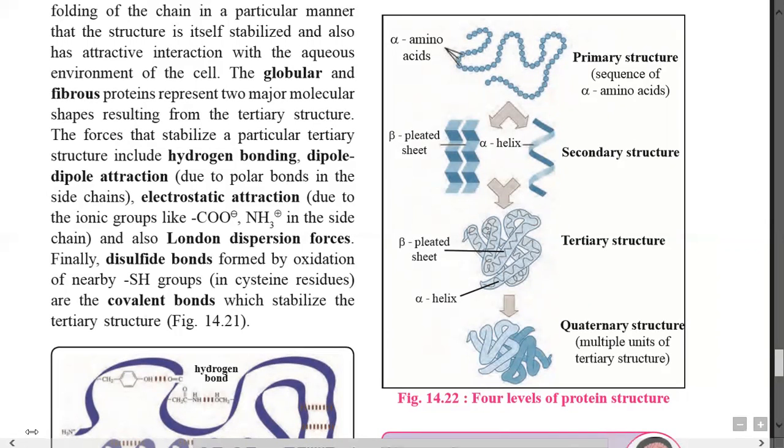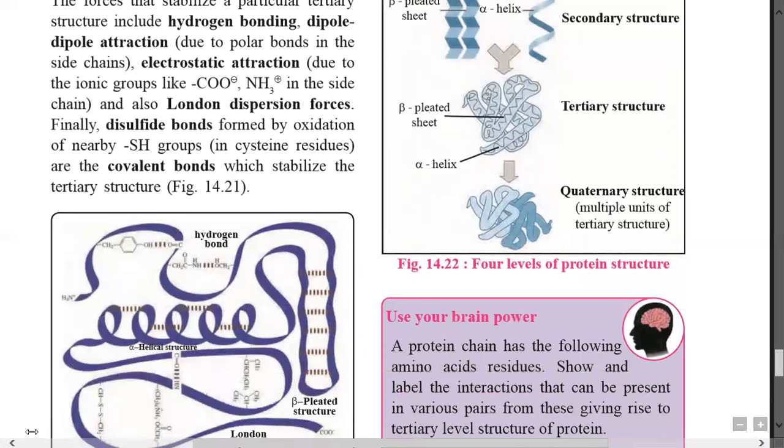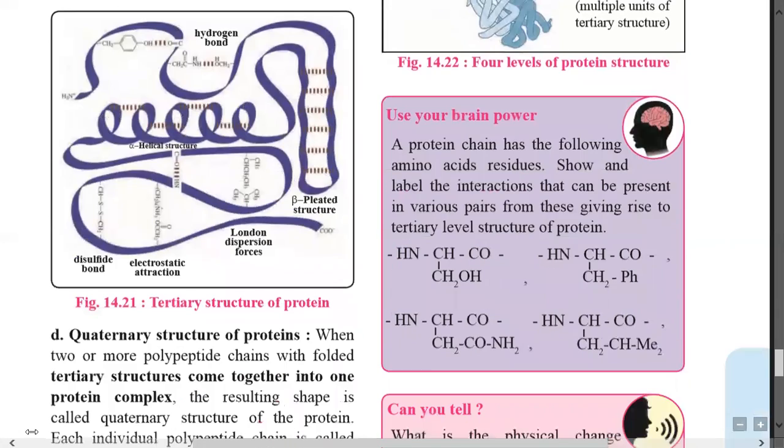Then in the tertiary structure, the beta pleated sheet and alpha helix are bonded together, and all these types of bonds, along with hydrogen bonding, dipole-dipole attraction, electrostatic attraction, London dispersion force and the disulfide bond, are formed. These are the multiple units of tertiary structure, and that is called the quaternary structure.